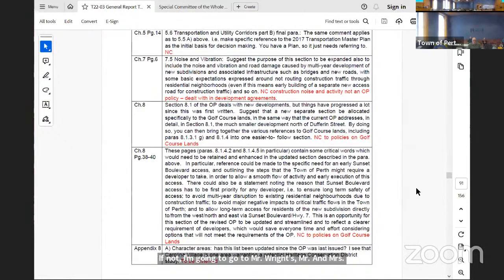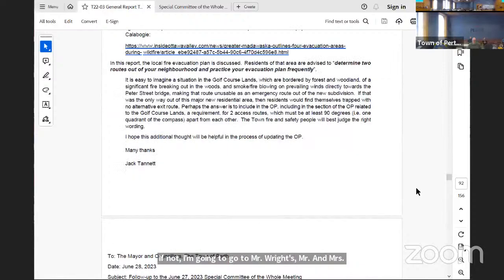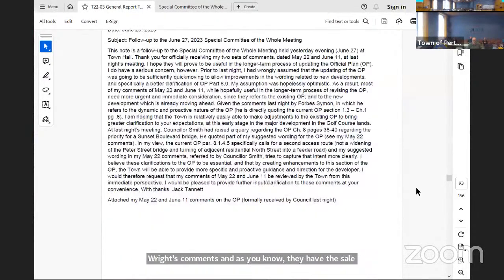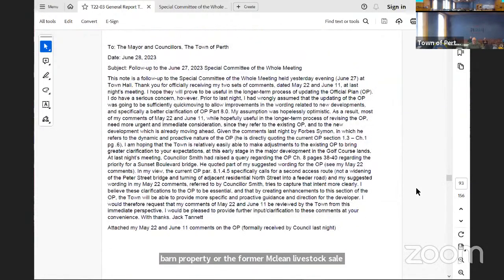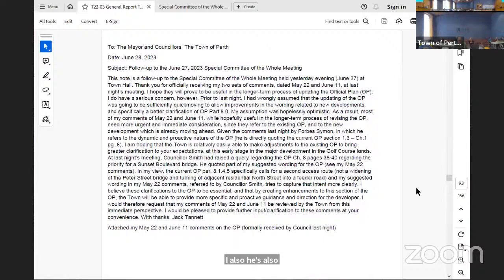As you know, they have the sale barn property, the former McLean's livestock sale property. They've asked that they be allowed to have just a single detached development neighborhood. I think I've made it very clear to council that I think that all these greenfield lands should be subject to mixed densities. He's also referenced lands over on Brock Street.